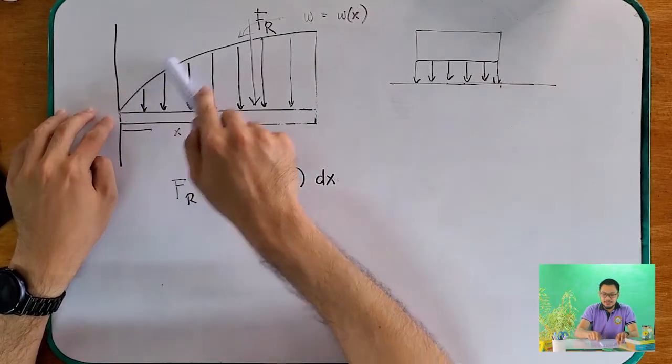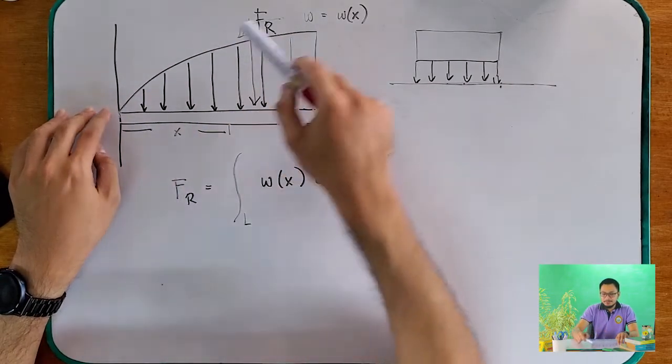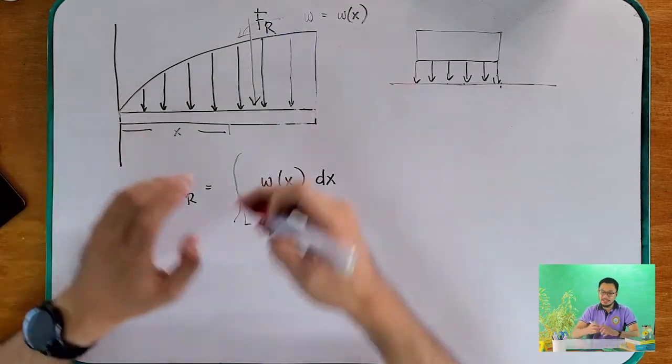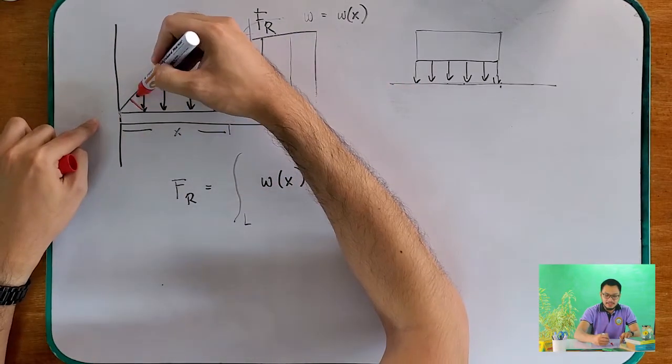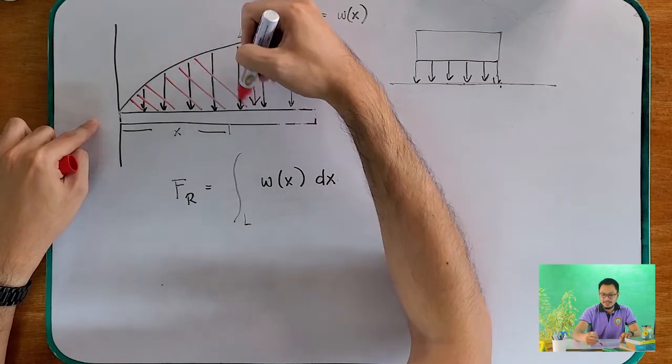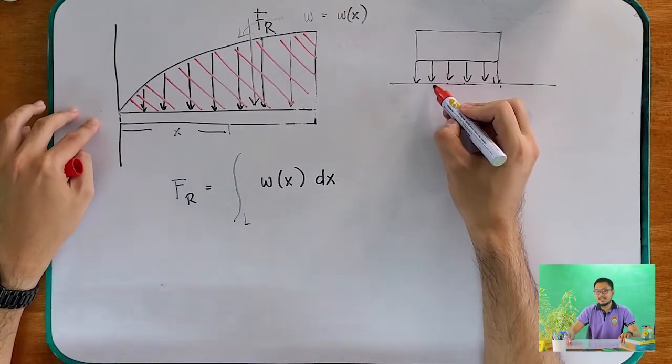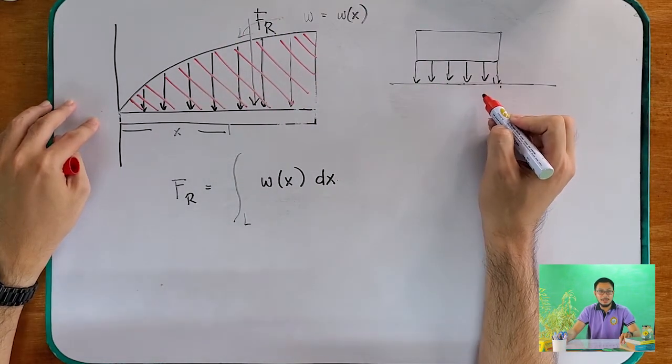Or basically, to make this one much simpler, let us imagine in order for us to determine the resultant force of this one, just imagine we are getting the area of this curve. Same goes diri sa atong rectangular nga load.